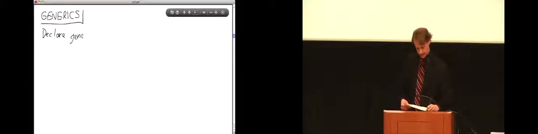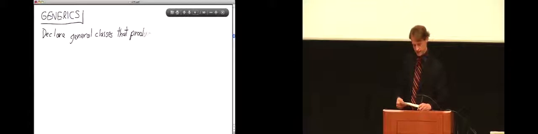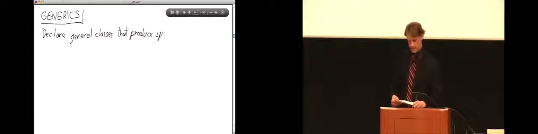So what generics do is they allow you to declare general classes, meaning a class that can store any type of object, and then use those classes to produce specialized objects, like a list that can only store strings.